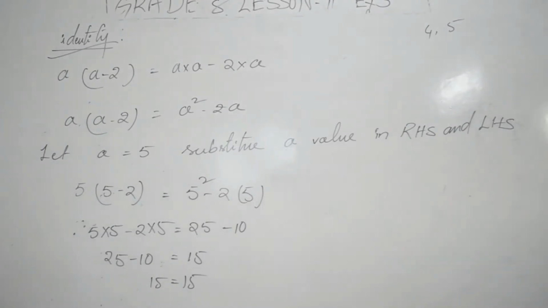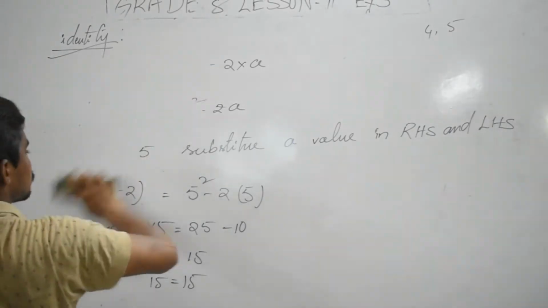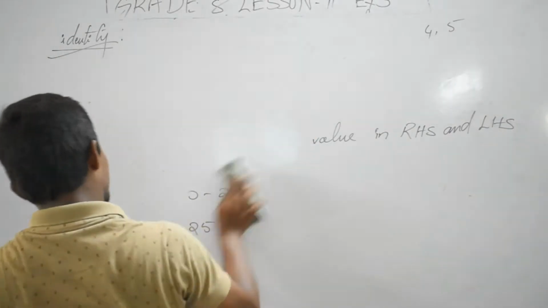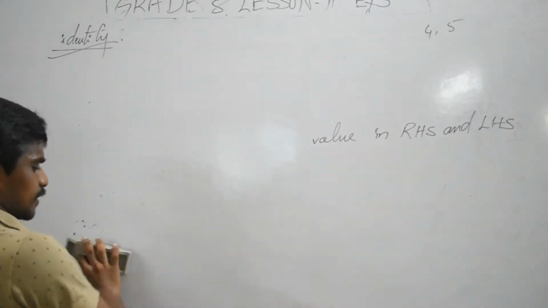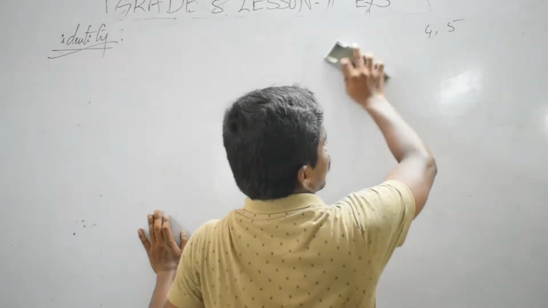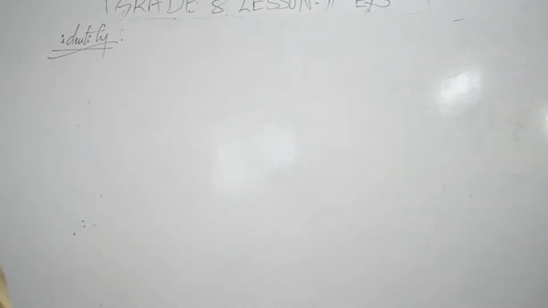Next one. A plus B, now we know. So identity is indicated by three lines, like on this slide.